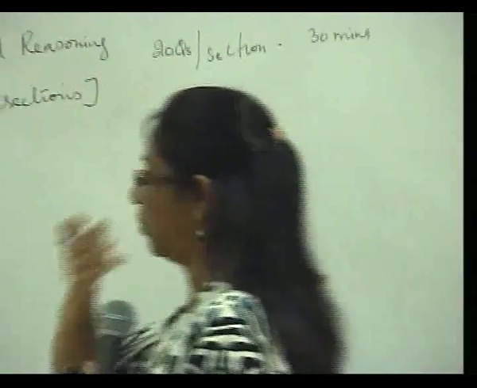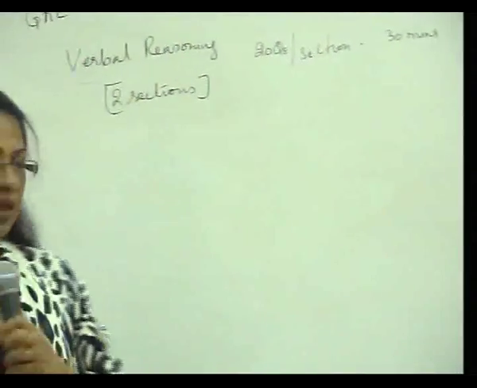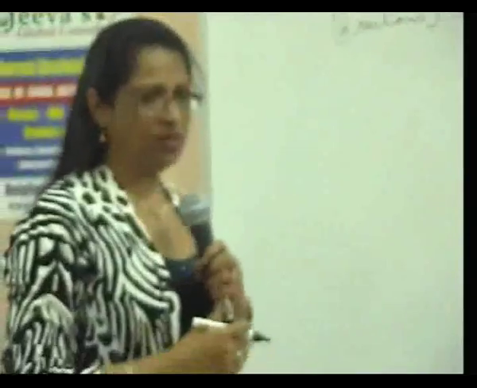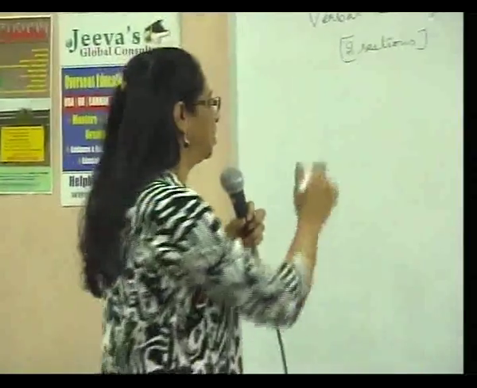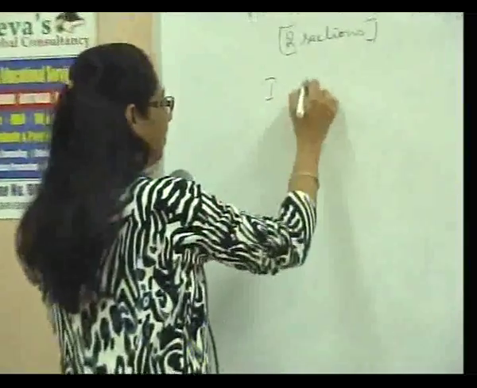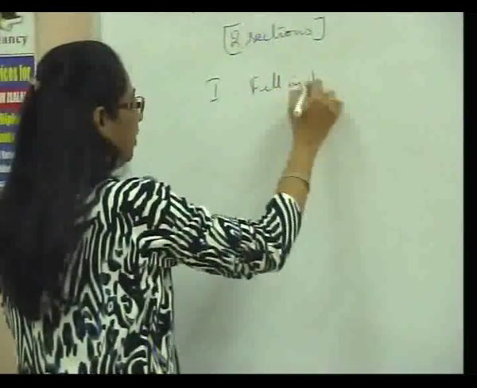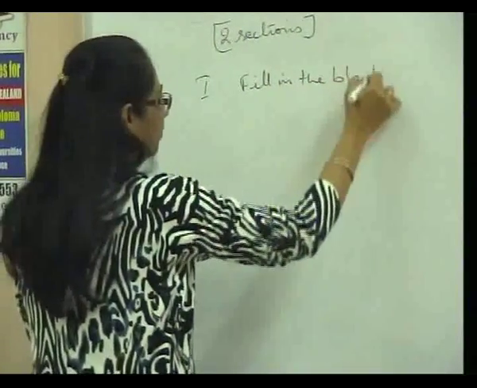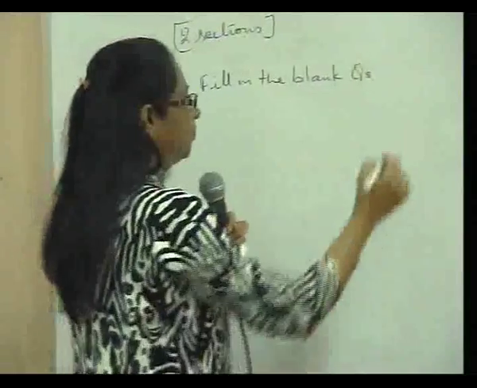to do these questions. The overall 40 questions on the two sections of GRE are divided into two major types of questions. The first type falls under the fill in the blank questions.